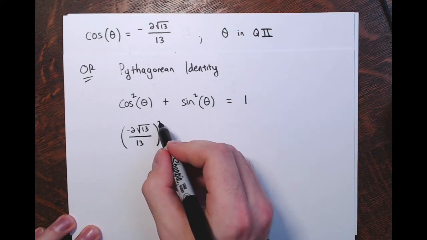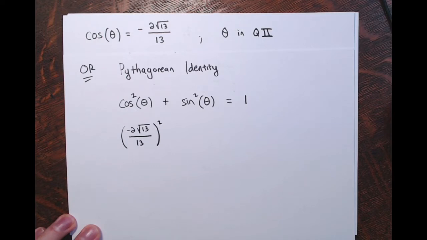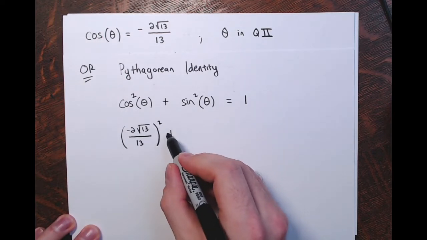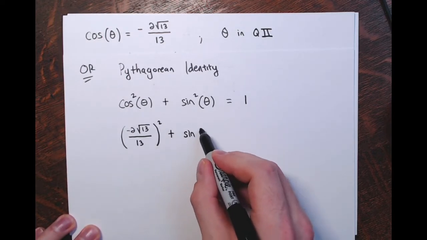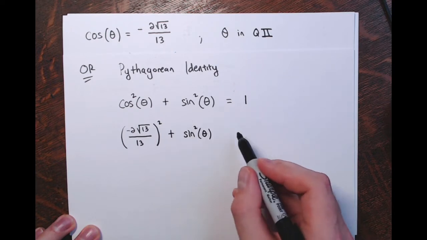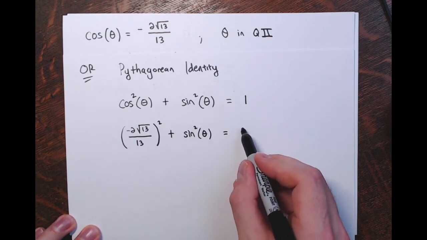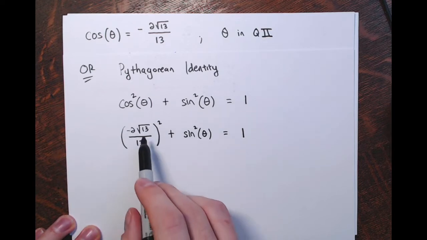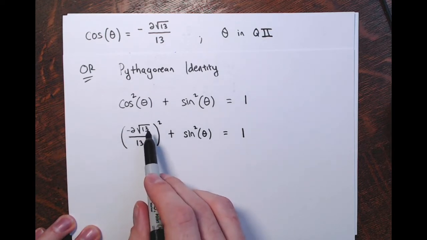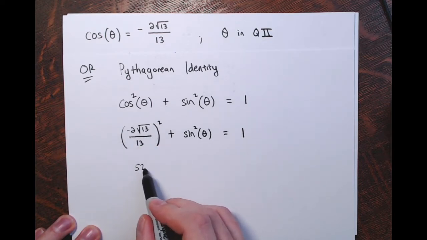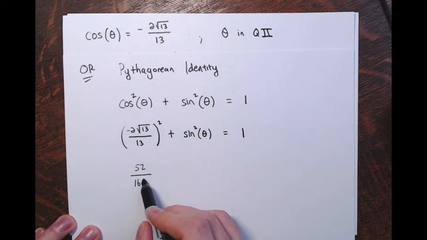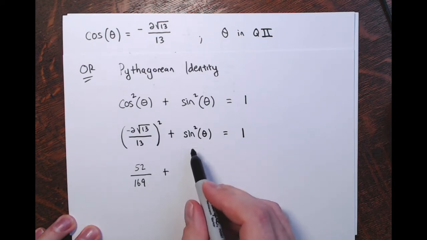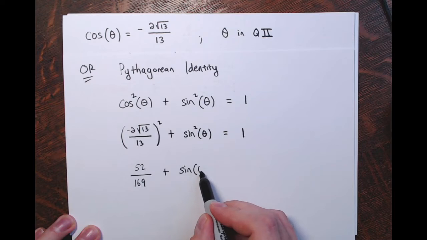And that is being squared. This is the cosine of theta squared. Plus the sine of theta squared should be equal to 1. Now when I square this, again this is 52 in the numerator, over 13 squared is 169, plus, and we're going to be solving for the sine of theta.